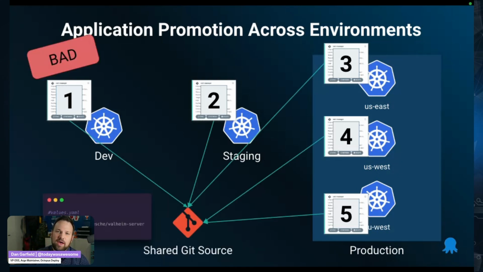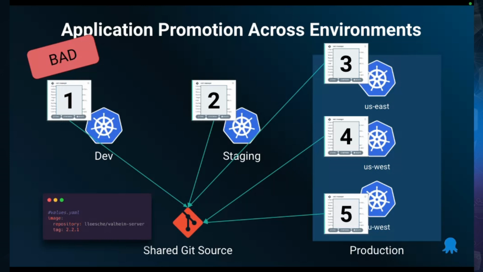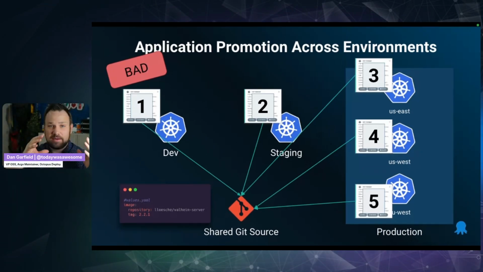A common way to do this for some people would be to use a shared Git source. That would be a single source of truth in Git that has the manifests that are going to be deployed to all these places. And I've marked here that this is bad. Now, why is this bad? Well, all of these applications are pointed to the same Git source, meaning the same source of truth.